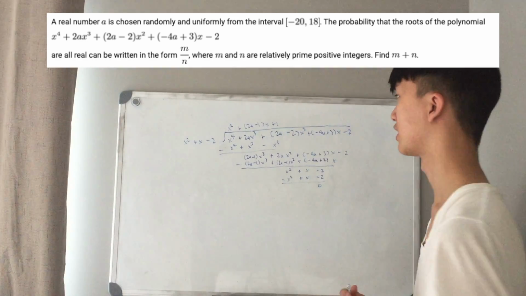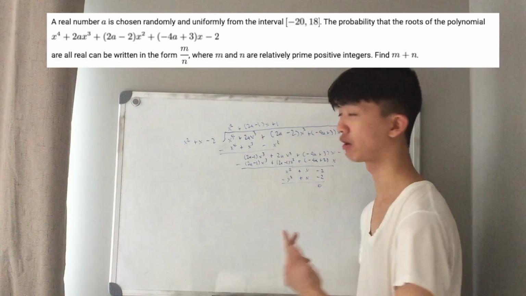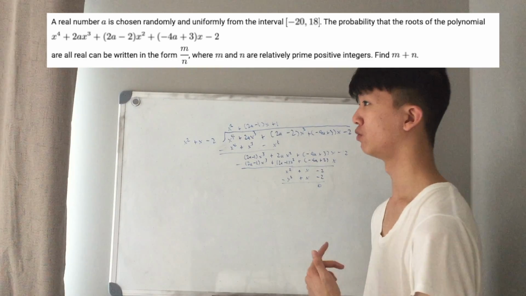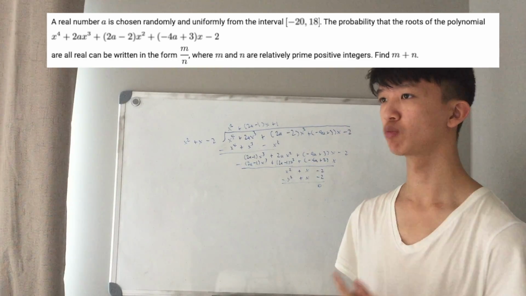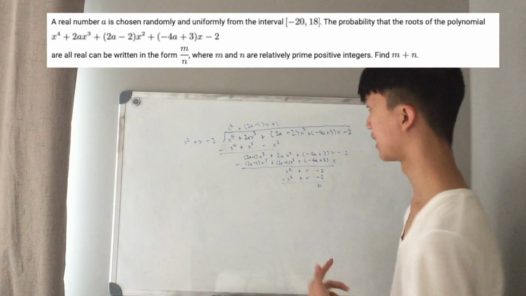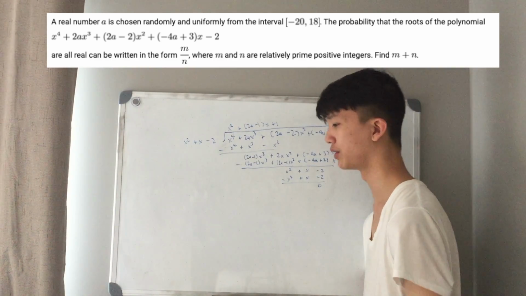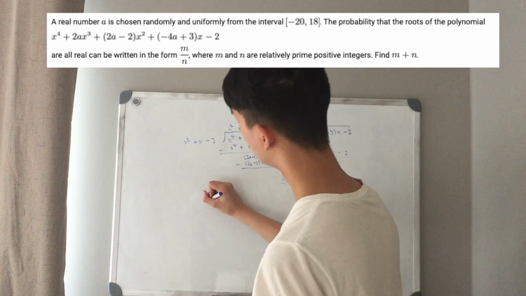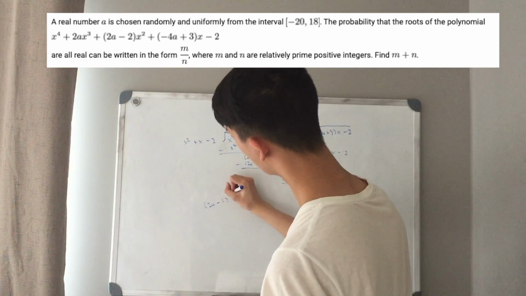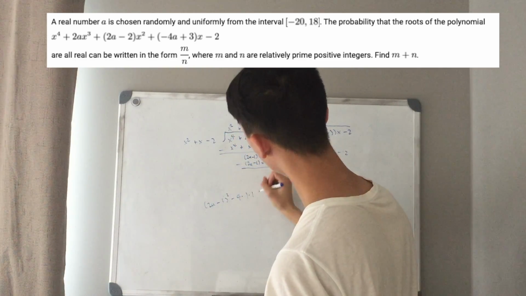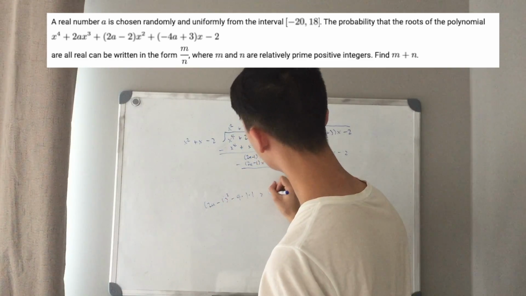So a quadratic has real solutions when the discriminant is greater than or equal to 0. So the discriminant is equal to b squared minus 4ac. In this case, a is equal to 1, b is equal to 2a minus 1, and c is equal to positive 1. So we have 2a minus 1 squared minus 4 times 1 is greater than or equal to 0.